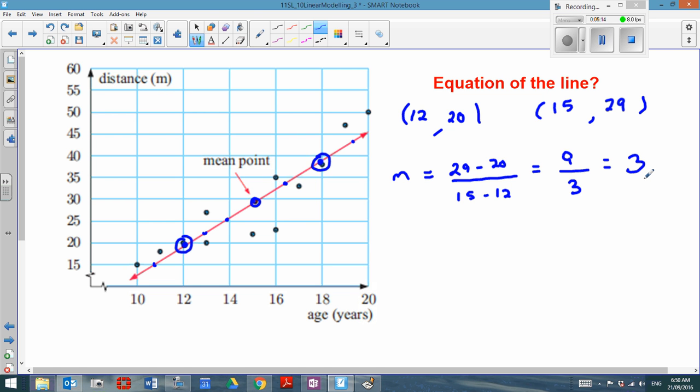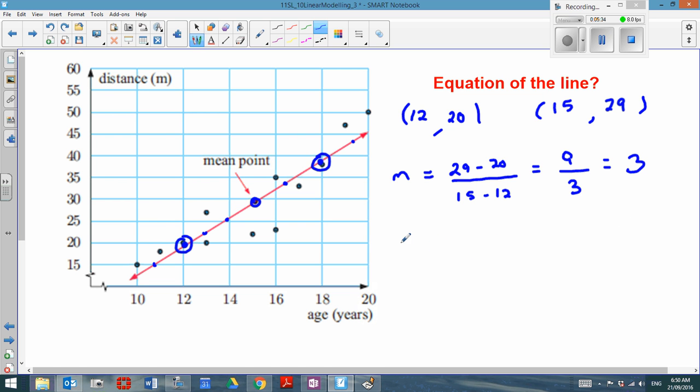This might be close to what some of you get if you chose 2 different points. You might get 3.1, 3.2, 2.9, but it should be a gradient of approximately 3. So as we move from one point to the next, we're going up 3 and to the right 1, up 3 to the right 1.